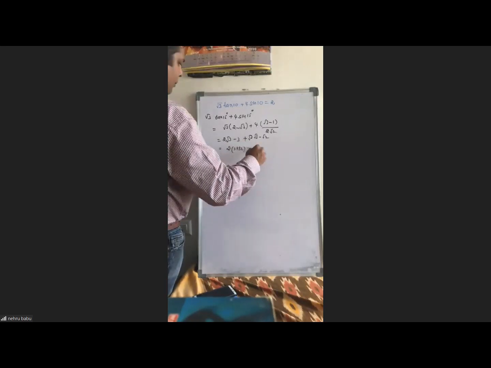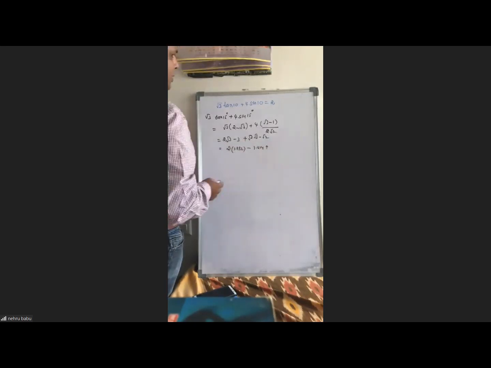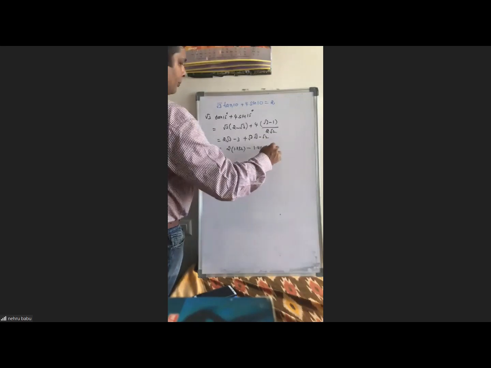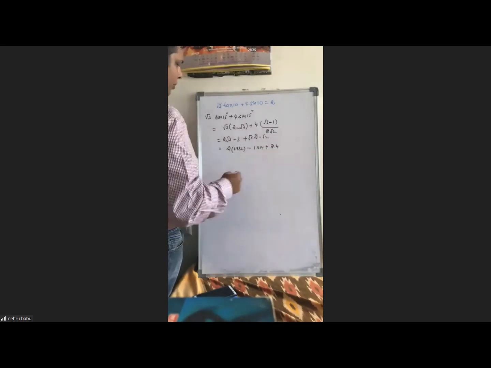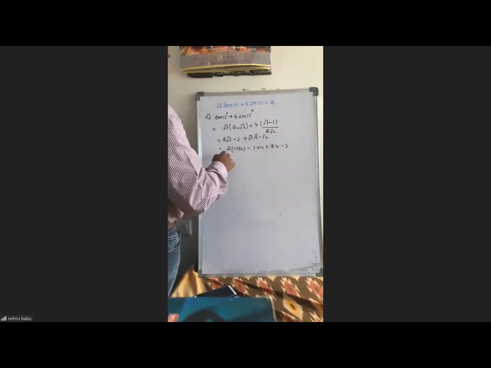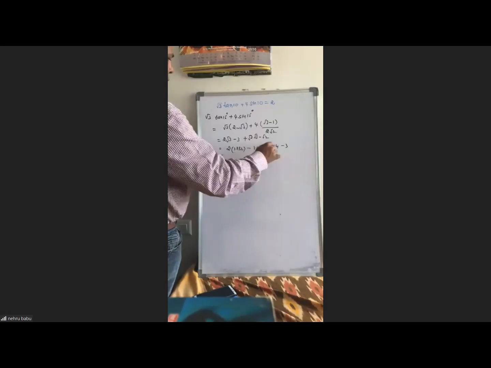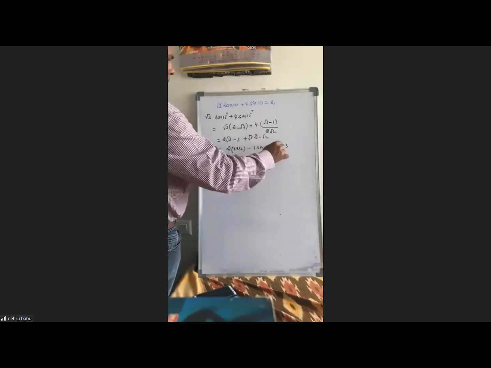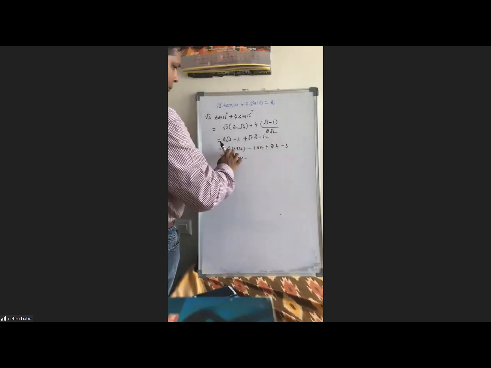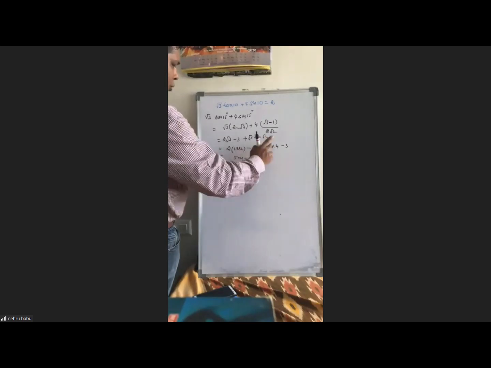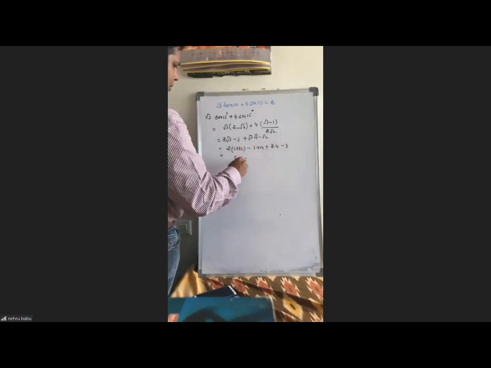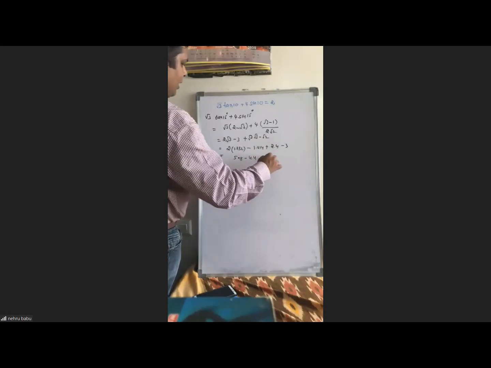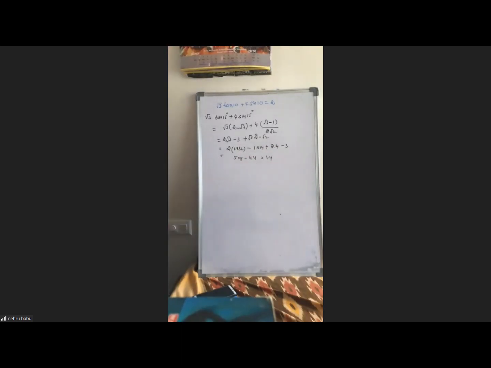minus root 2 (1.412) plus root 6. What is the approximate value of root 6? 2.45. So roughly the result is about 1.4.